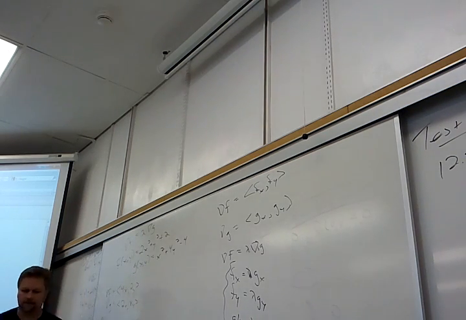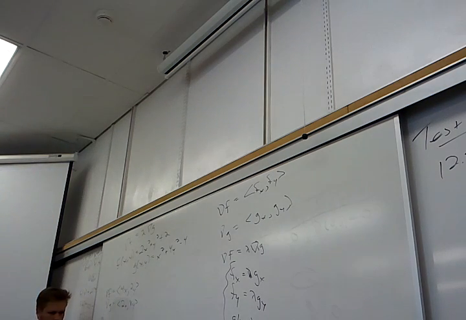So if I take x equals 0 and plug it in here, let's just get the easy stuff out of the way first. If I plug x equals 0 in here, what do I get? 4y squared minus 4 equals 0. So y equals plus or minus 1.